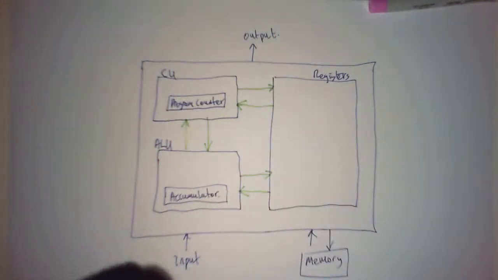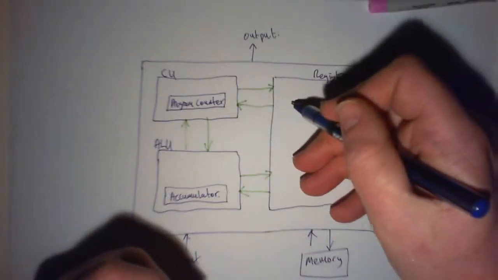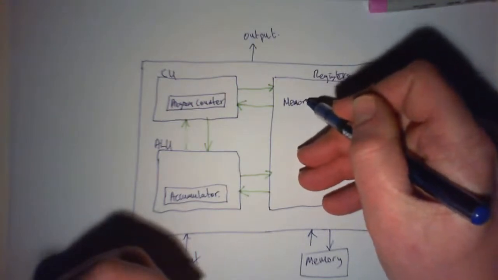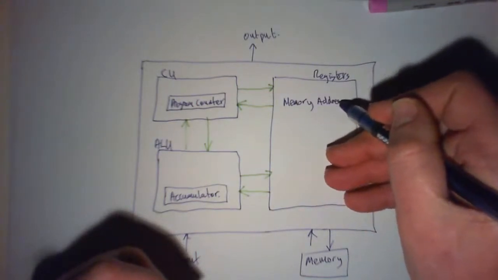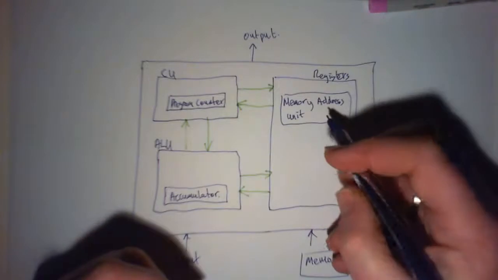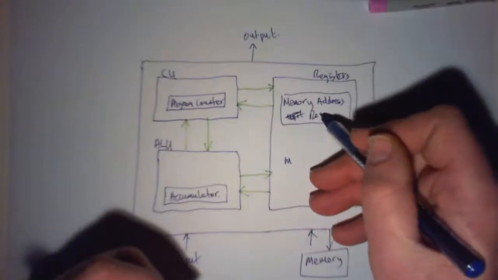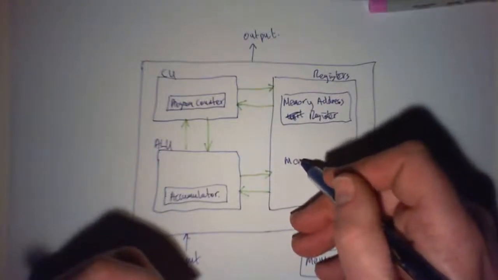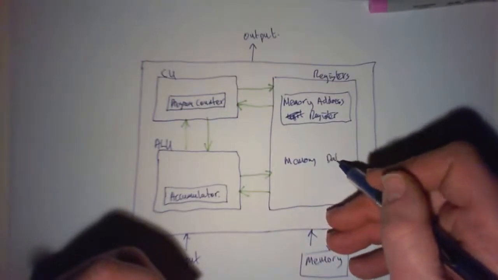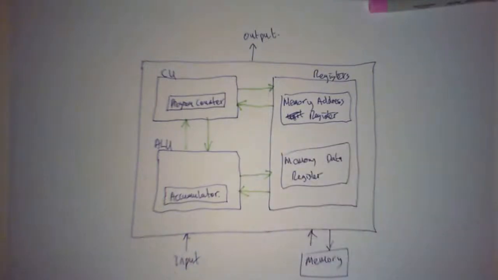In the registers, you only have to know 2 of the registers: the MAR, the memory address register, and the MDR, the memory data register. That's all you need to know. So now I'm going to talk about each one of them, and then I'm going to explain the cycle to you.